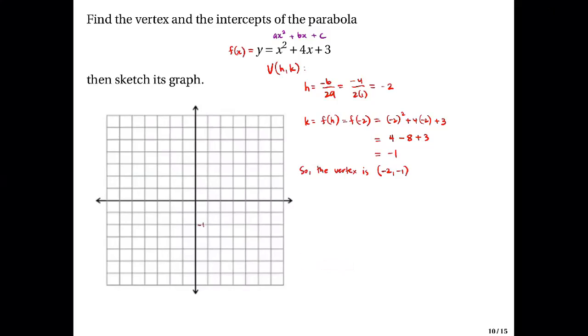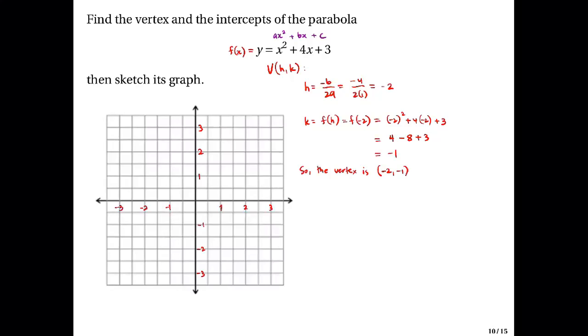So this is negative 1, negative 2, negative 3. This is positive 1 for x, positive 2, positive 3. This is positive 1 for y, positive 2, positive 3. This guy here, it's negative 1 for x, negative 2, negative 3.